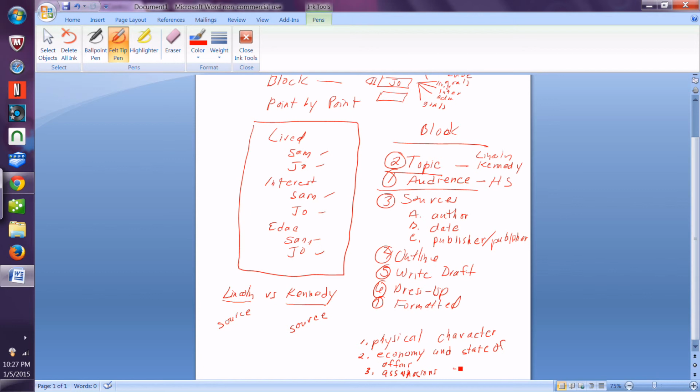And you might include how they are remembered. Now, it would be great if you could find one source that had all of those about Lincoln and one source that had all of those about Kennedy. And as you're looking at your sources, you might want to change your topics that you're going to compare and contrast. But this is what I want you to work on this week.